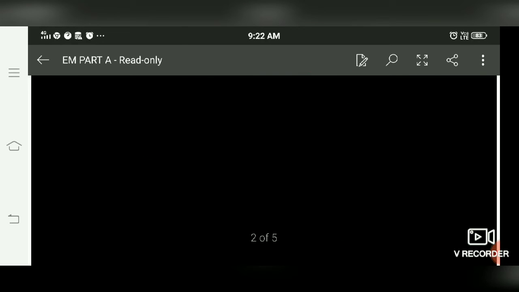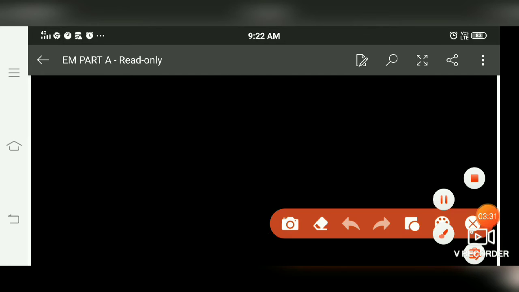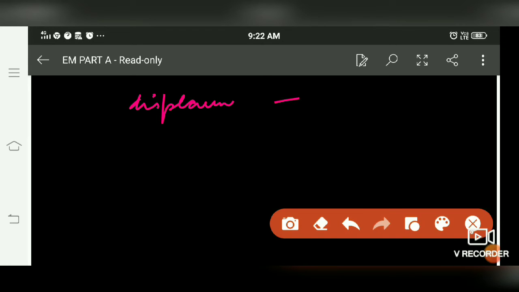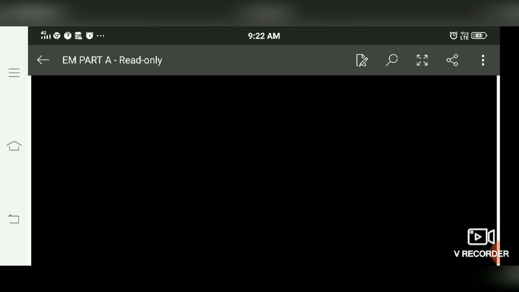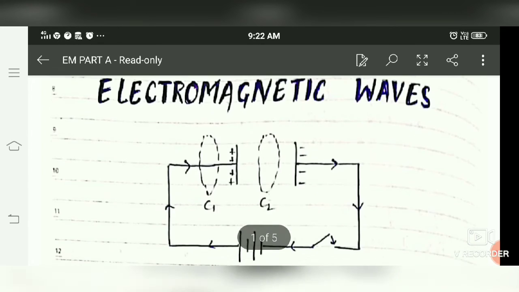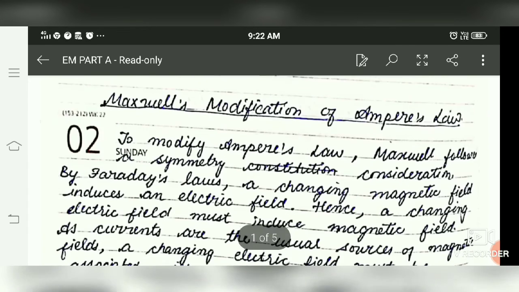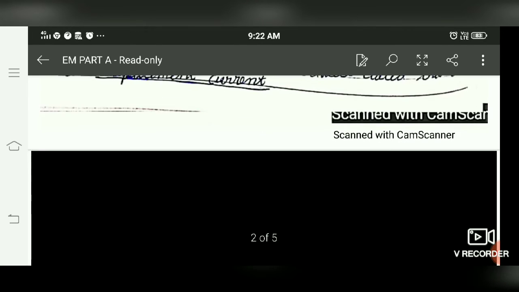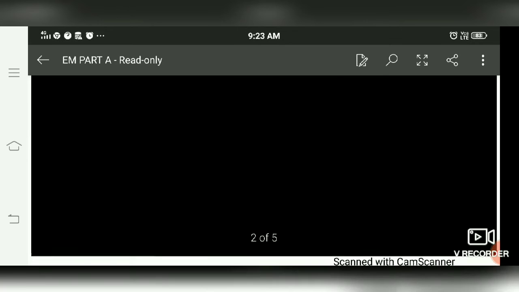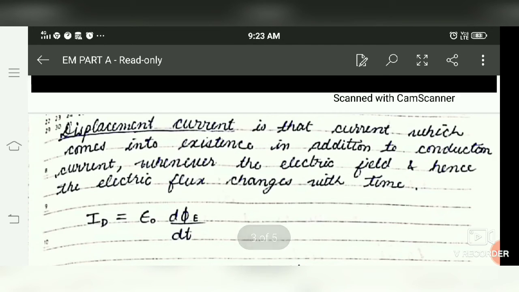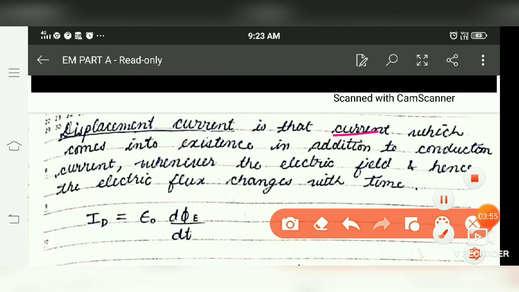Now what is displacement current? Displacement current is that current which is due to the changing electric field. Maxwell's modification leads to the introduction of displacement current in the formula, and displacement current is the current which comes into existence in addition to the conduction current.